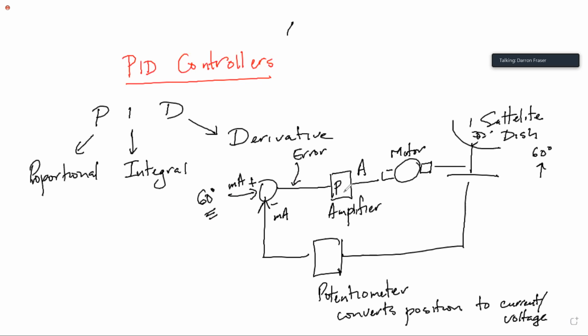But the error signal is not enough to drive the motor. So we have to amplify it. And that is what we remember now. The amplifier just takes the input current or voltage and multiplies it. So proportional control is just taking the error signal and multiplying it to a value that we can use to operate whatever our plant is.